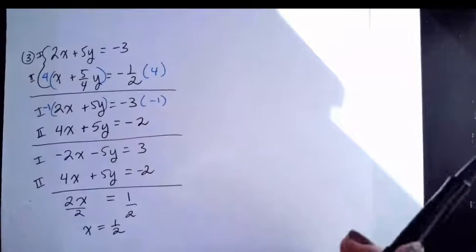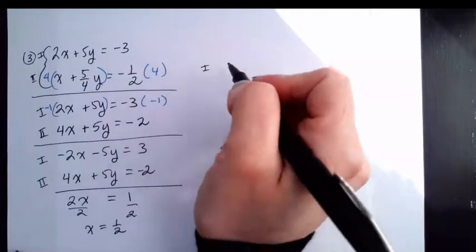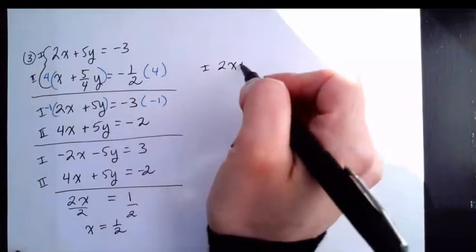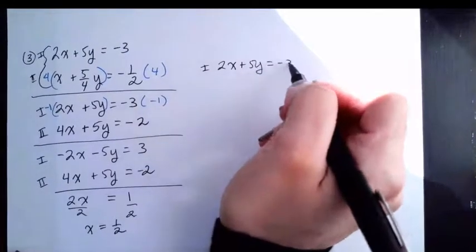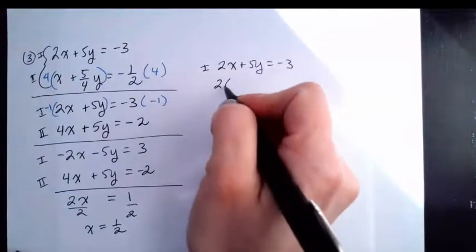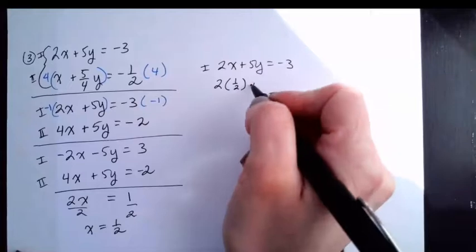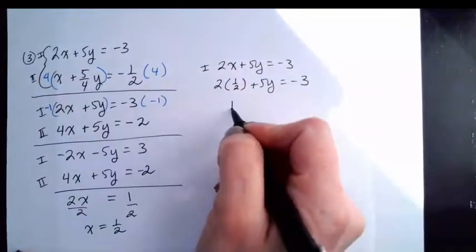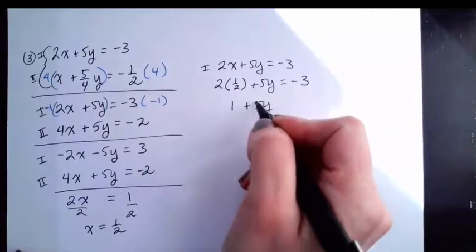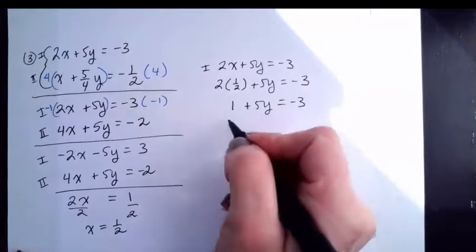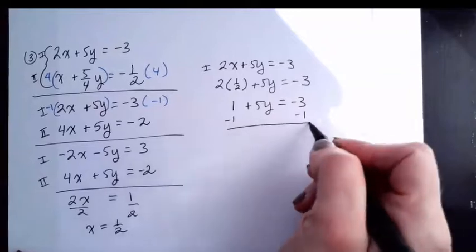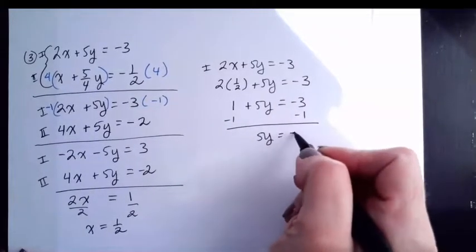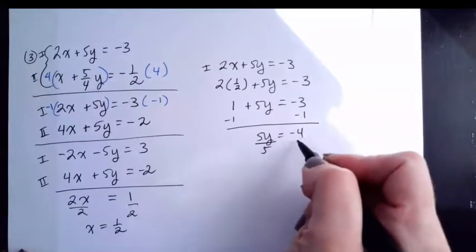So looking at that first equation, 2x plus 5y equals -3, replacing the x with 1/2. All right, 2 times 1/2 is 1, so 1 plus 5y equals -3, subtracting 1 on both sides. 5y equals -4, and then divide by 5.